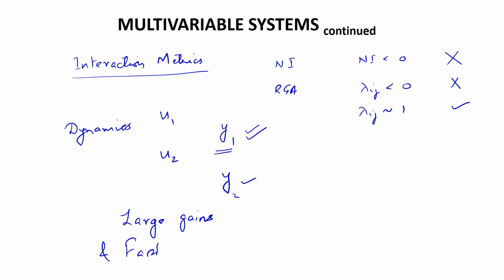Just by looking at the transfer functions, the time constants, and the dead time, one can come up with pairings, and then you can confirm that the Netherlinsky index is acceptable and the relative gain is also acceptable. So these can be used as confirmatory tools. But as far as pairing goes, one can also use common sense and prefer those pairs that have a large open loop gain and fast dynamics.